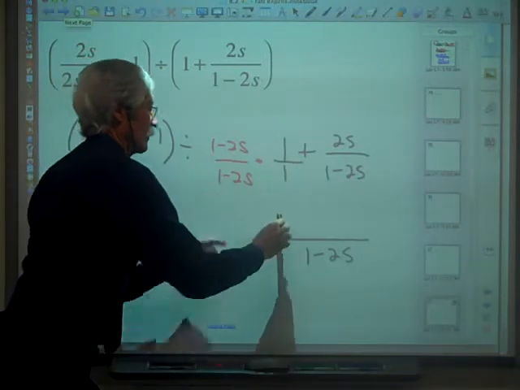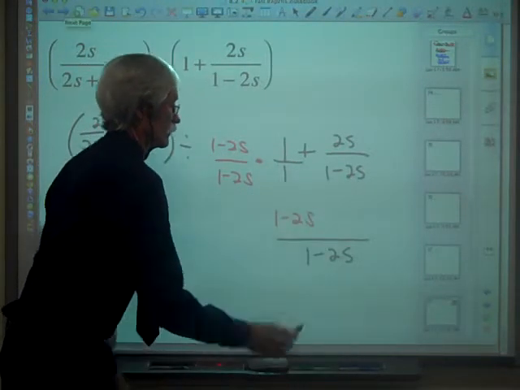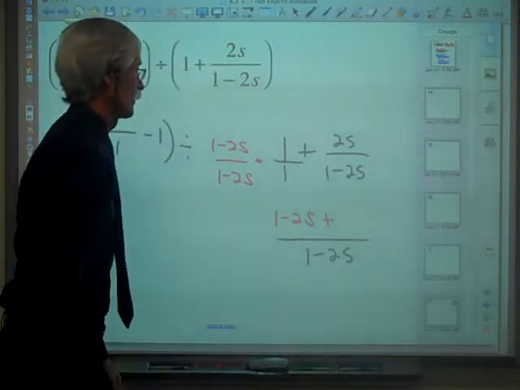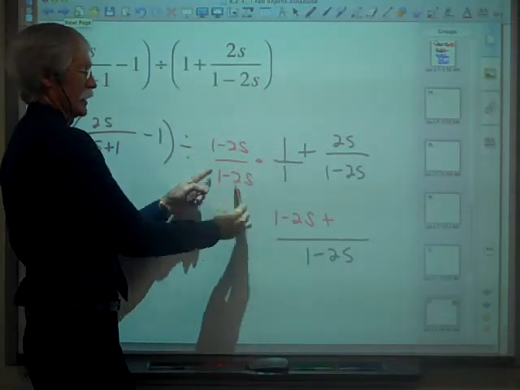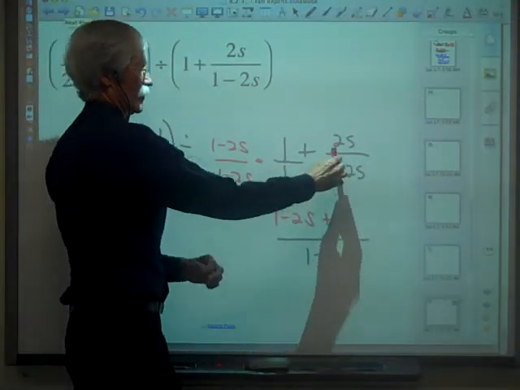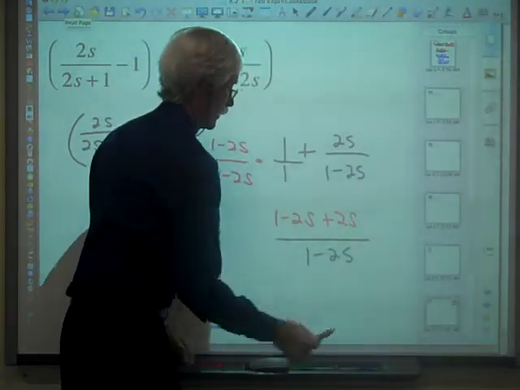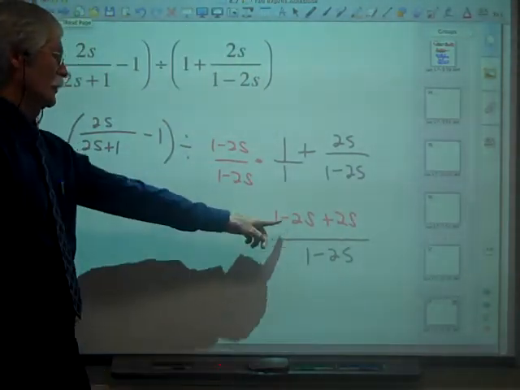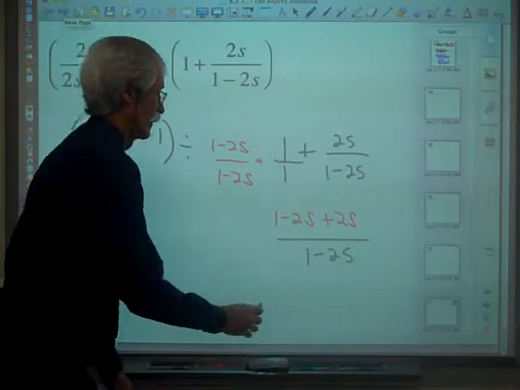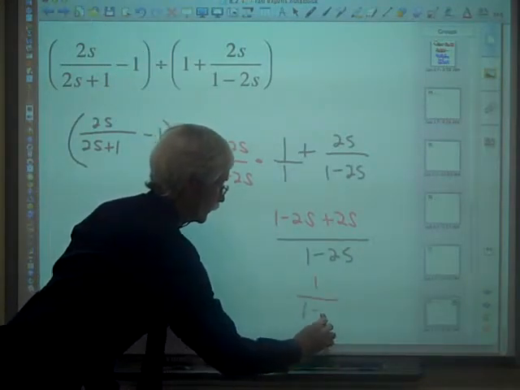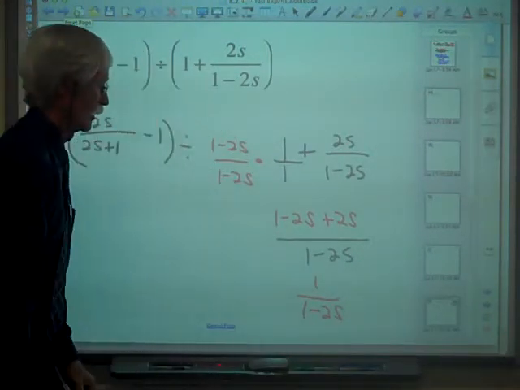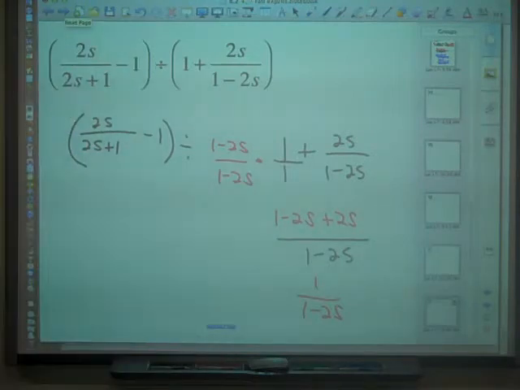And this times 1. So 1 times this plus. Do these subtract each other?